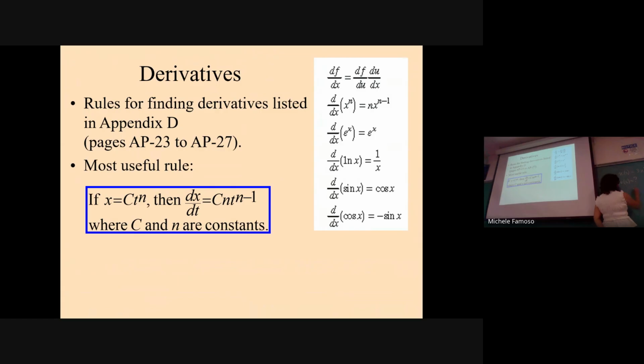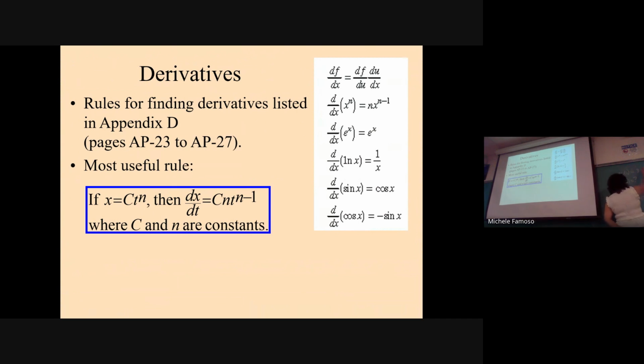So the rule says that you keep the constant, you multiply by the original power, you keep the variable, and you raise it to that power minus 1, which gives us what as our velocity expression? 12x cubed. I'm sorry, my mistake.